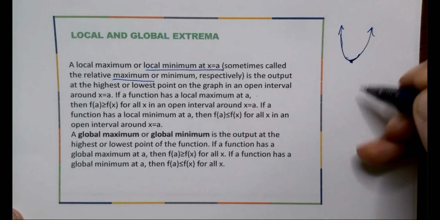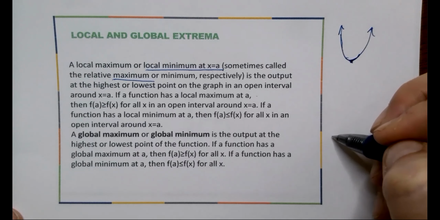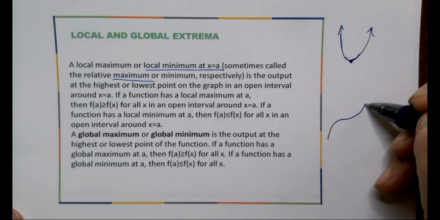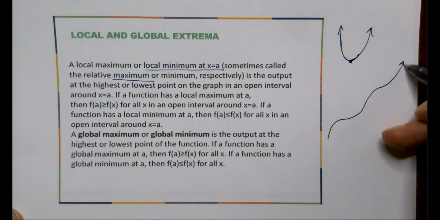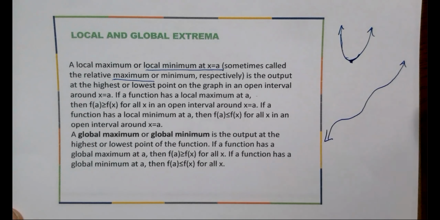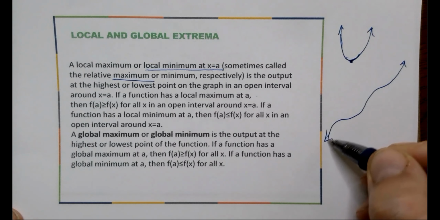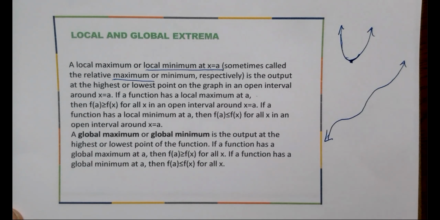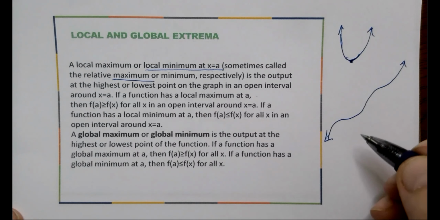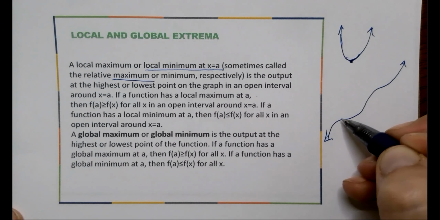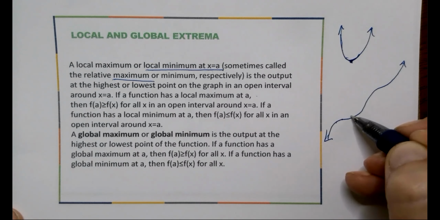indefinitely, right? So if you have a function that looks like this, it may not have a local minimum or maximum, or global minimum and maximum for that matter. Here it looks like the function flattens out a little bit, but then it continues to grow after that.